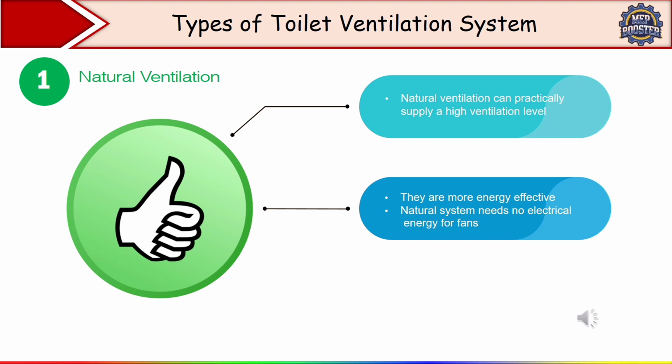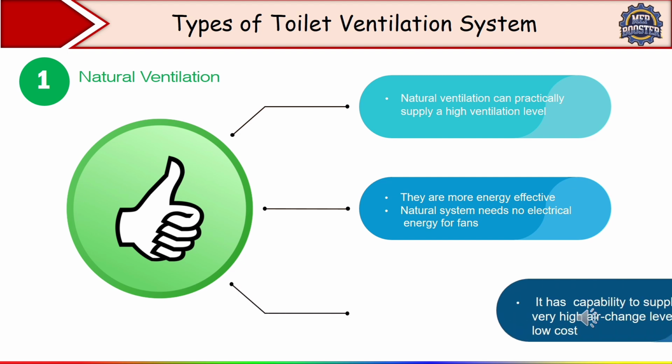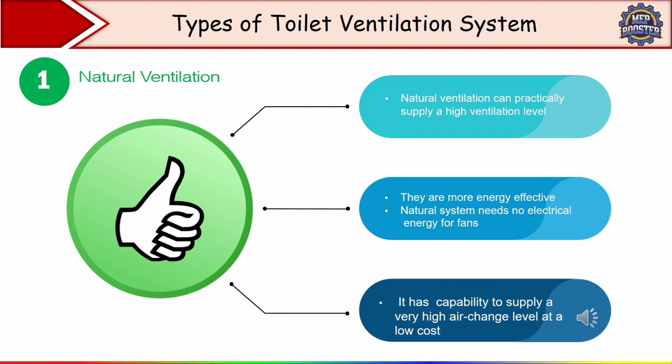That is why it is more energy effective. Another advantage is that it has the capability to supply a very high air change level at a low cost. So these are the advantages of natural ventilation system.